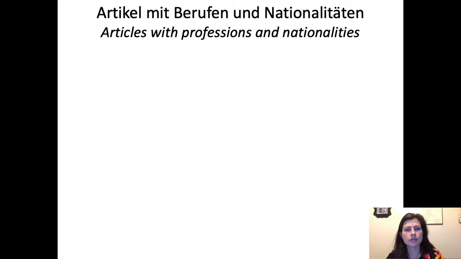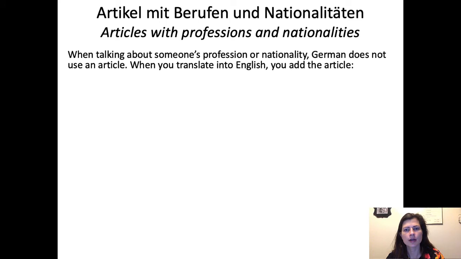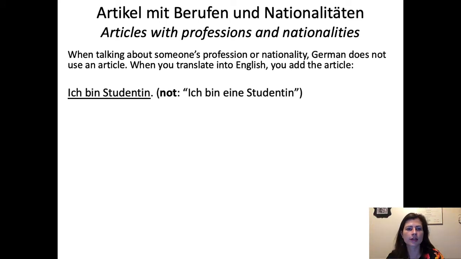And then just to review articles with professions and nationalities. In English, you would say something like, I am a student, right? And that would be, ich bin Studentin. Sometimes, this is just a weird thing about articles. In German, when you talk about professions, nationalities, religions as well, you don't use that article like you would in English.